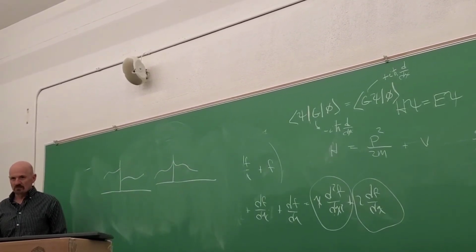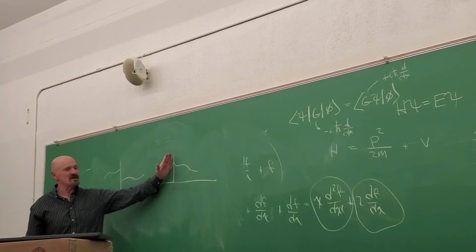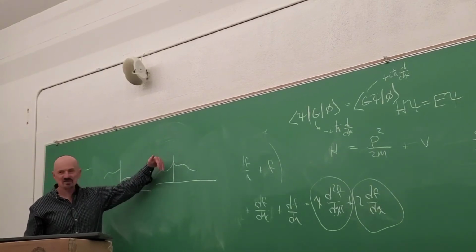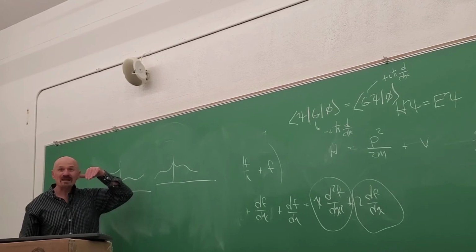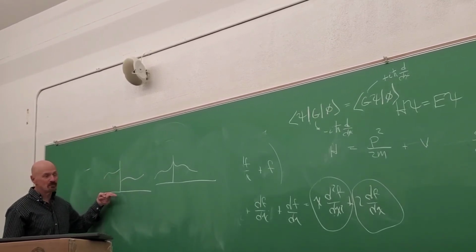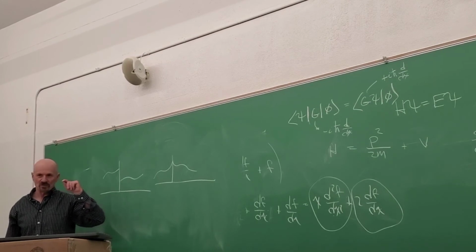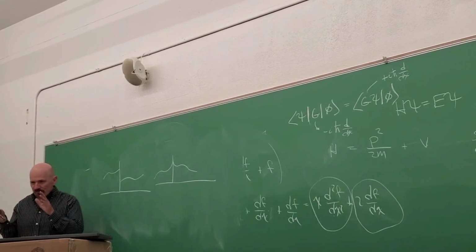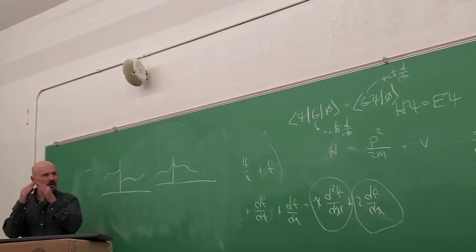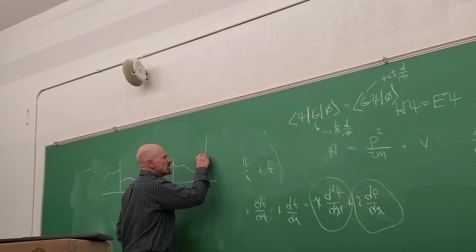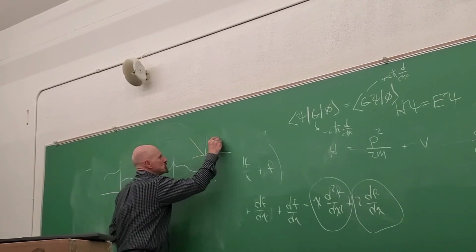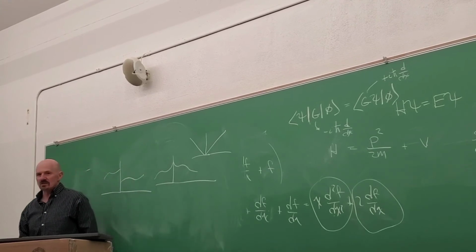Okay? Because it has a slope up and suddenly a slope down. So to be continuous, the value has to be the same and the slope has to be the same. That's the definition of continuity. So when you look at functions, if you see a break in it, like something like this, that's discontinuous. Okay, so keep that in mind.